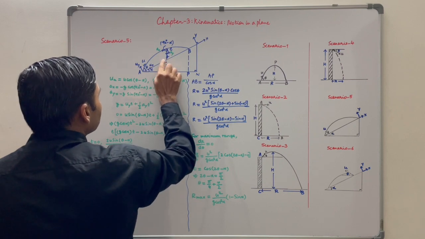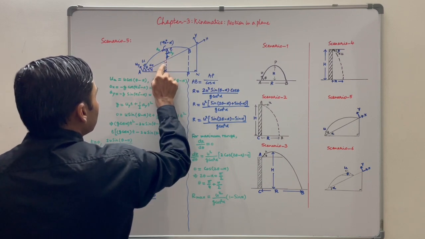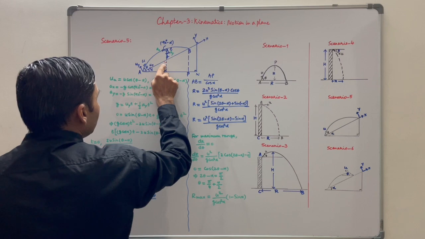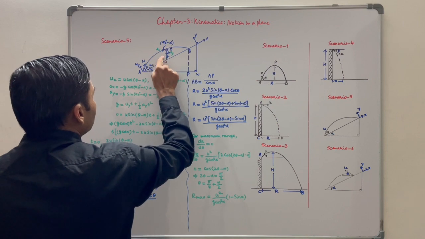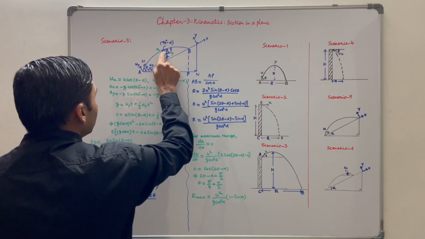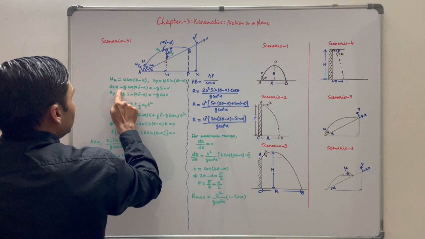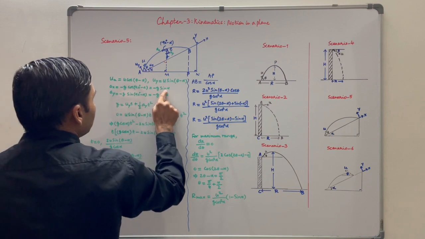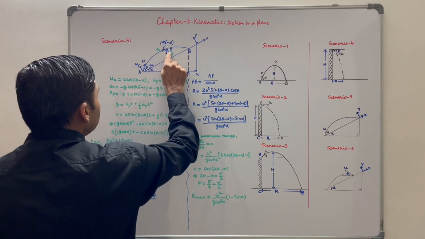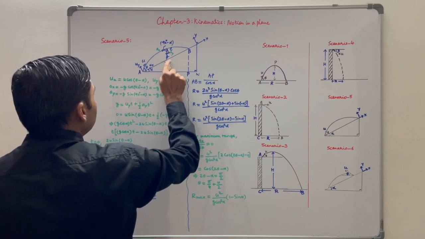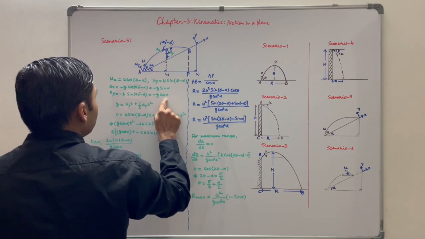So this angle is equal to this angle. This angle is equal to 90 minus alpha, so this angle will also be equal to 90 minus alpha. So ax is equal to minus g cos (90 minus alpha). That will be equal to minus g sin alpha. Similarly, ay is equal to minus g sin (90 minus alpha). That will be equal to minus g cos alpha.